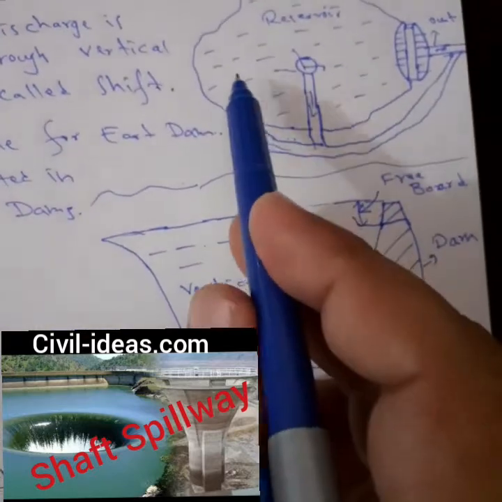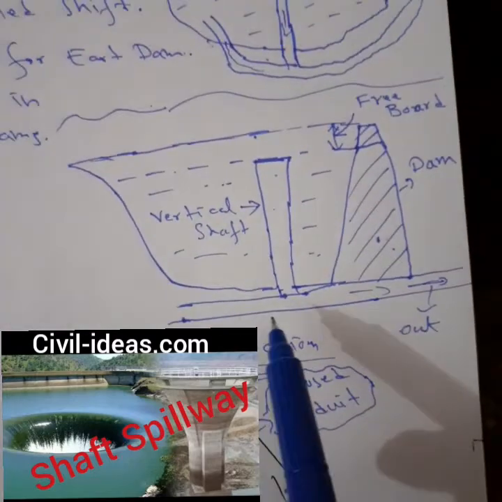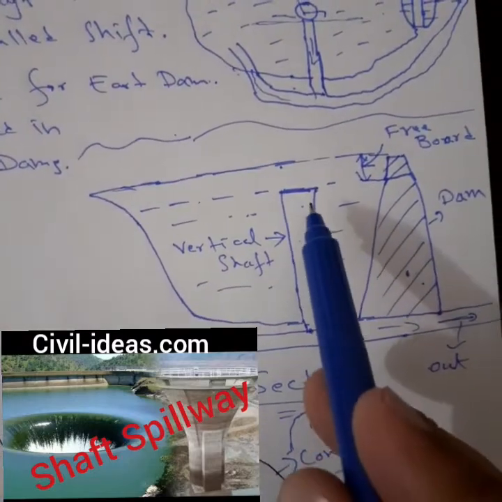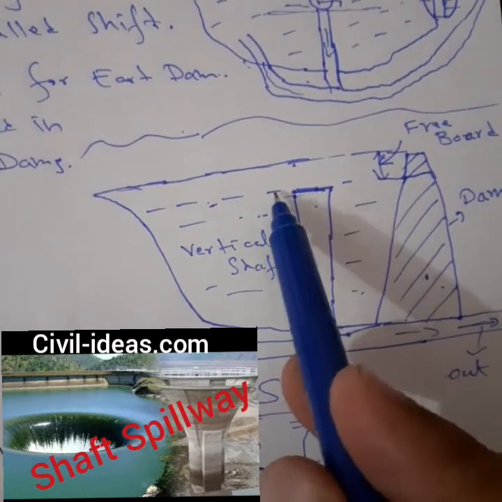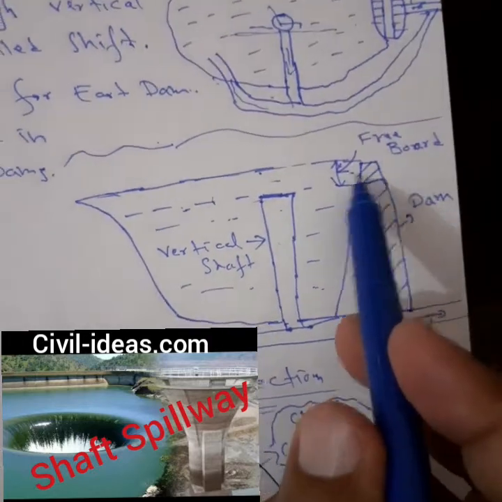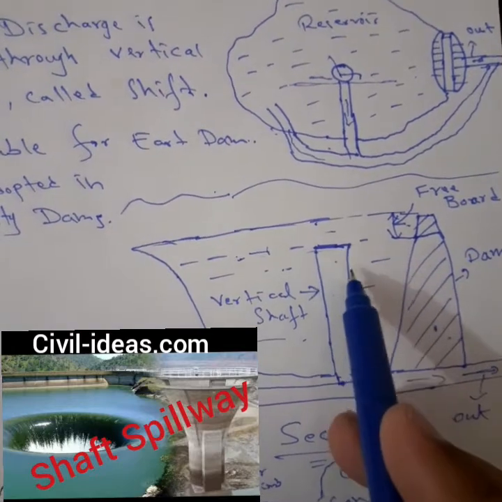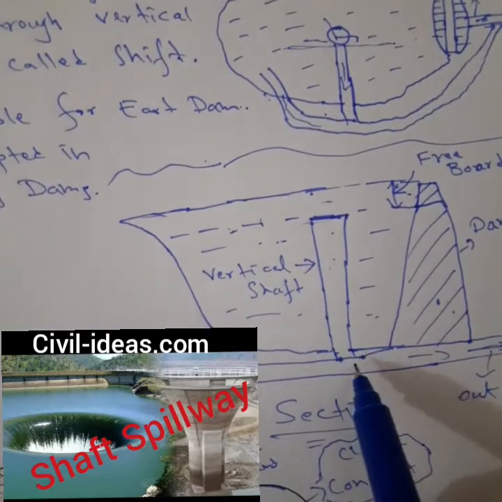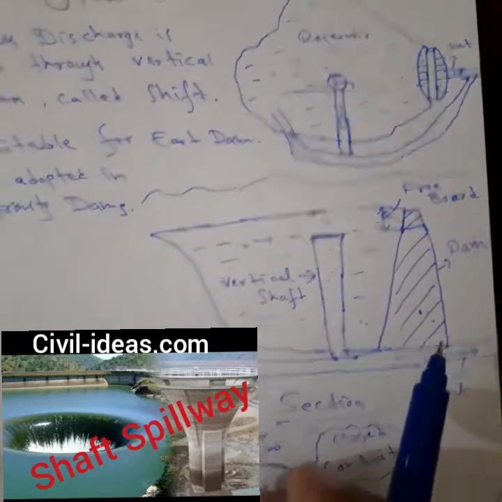If you cut a cross section here, this is the top of the water, and when the water goes beyond this level, this is the freeboard. Then the surplus water falls into this shaft and goes through this channel out to the main canal.